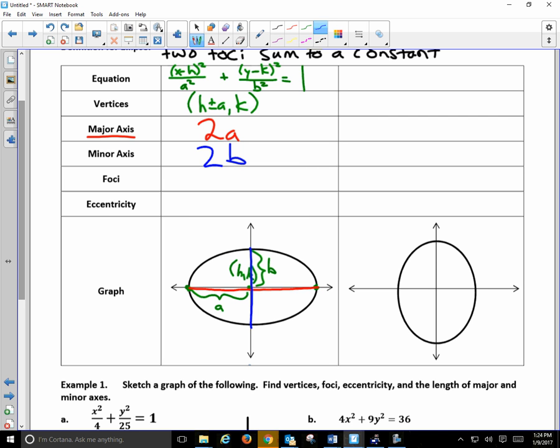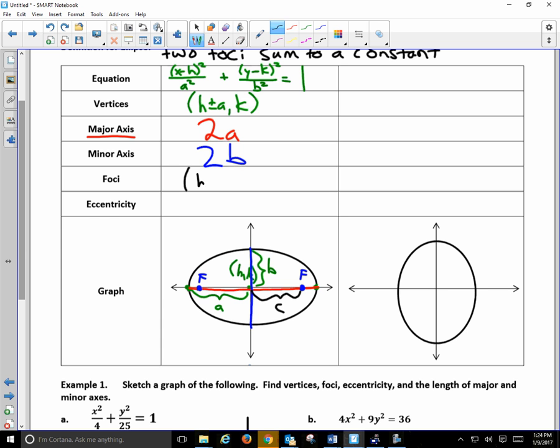The foci sit along the major axis, and they sit c units from the center. So again, if I move c units along the major axis, is that going to change the h value or the k value?